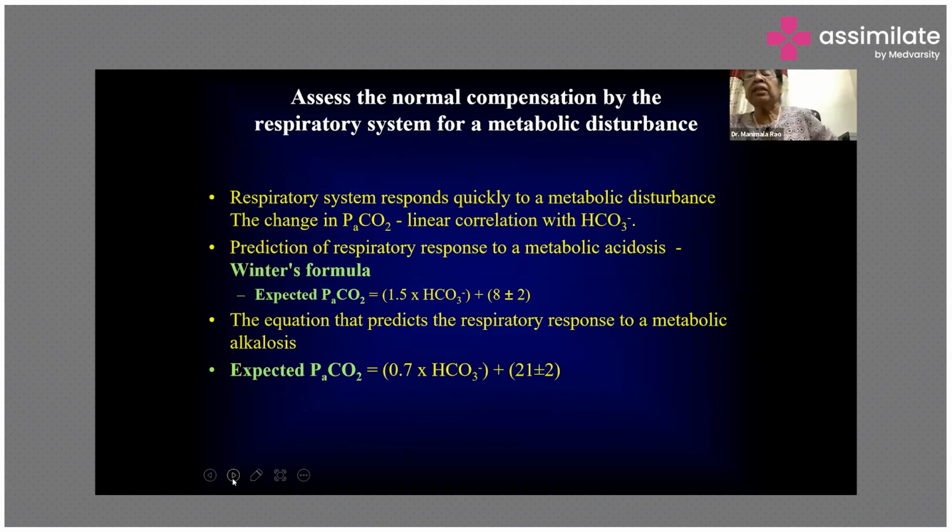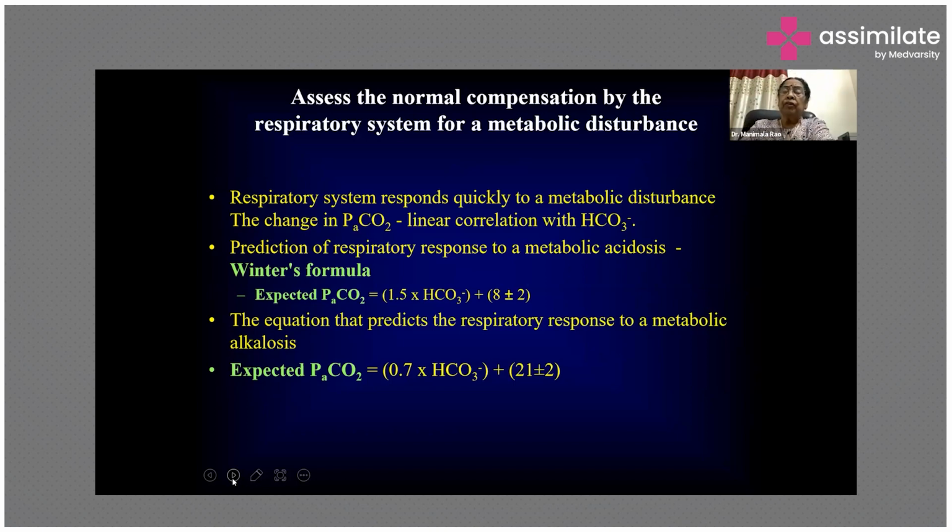So I was telling you that there are two more formulas which are important for the metabolic disturbance. The respiratory system will quickly respond to any metabolic disturbance. And usually you have this formula called the Winter's formula. You all know that. In that we calculate the expected PaCO2.